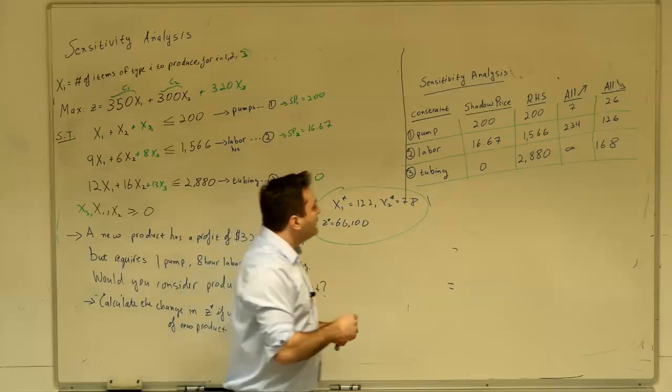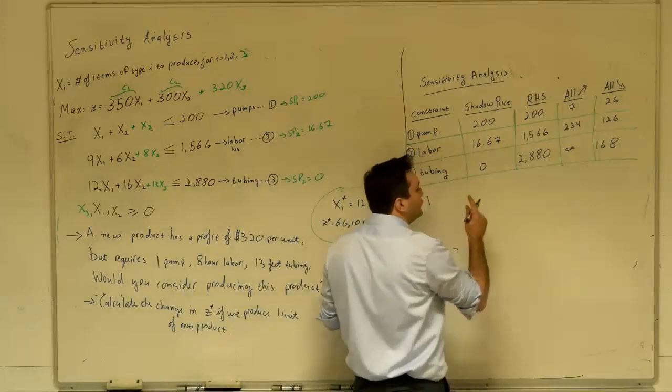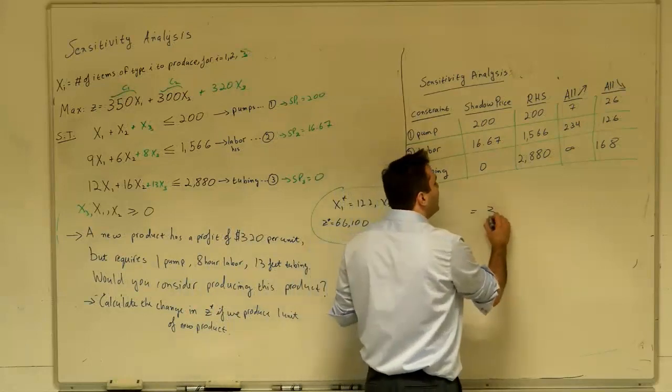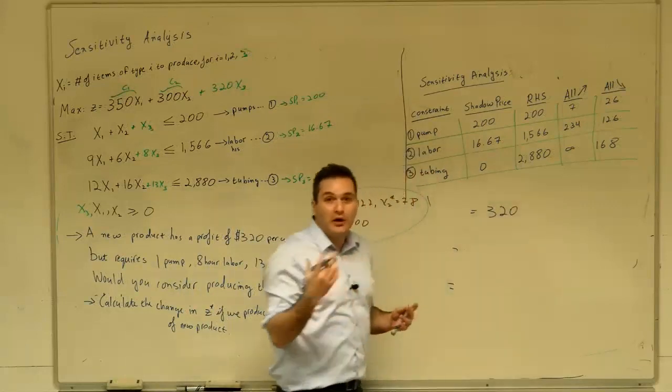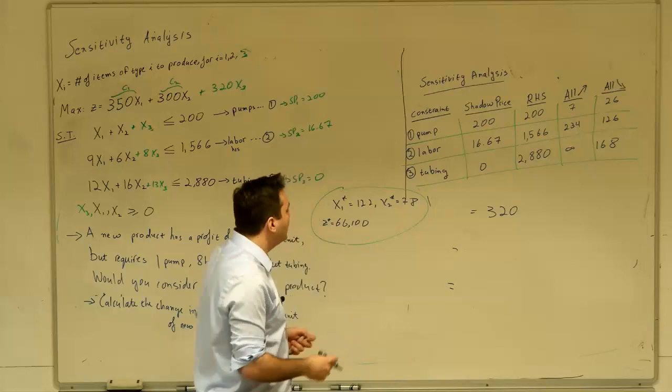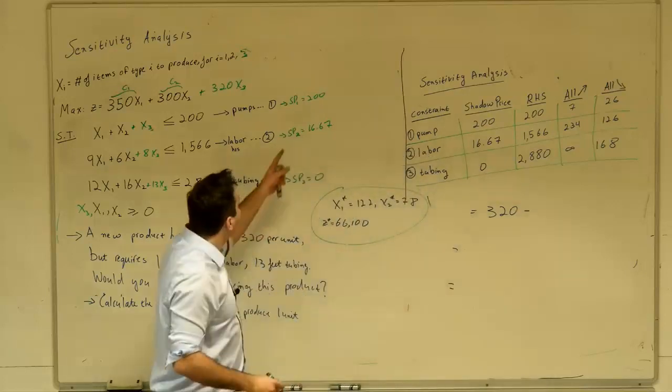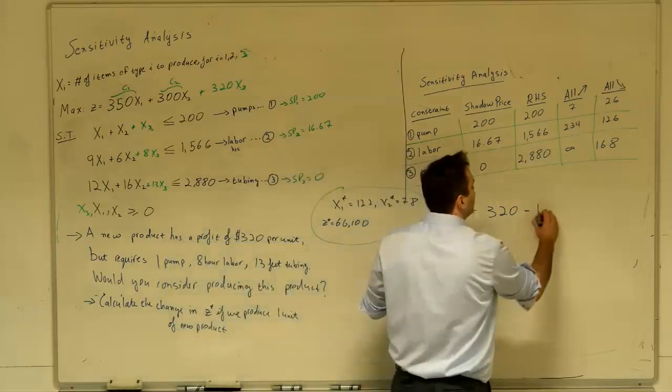So if I produce only one new item of this product, I will increase my profit by $320, because it sells for $320. But it will cost me 1 pump, and I know that the shadow price of 1 pump is $200.